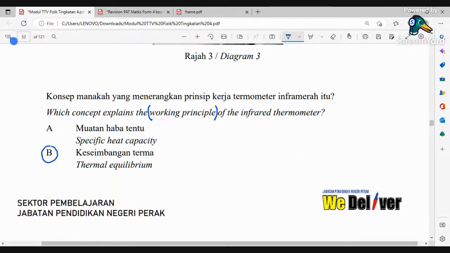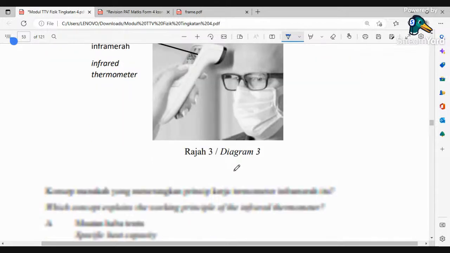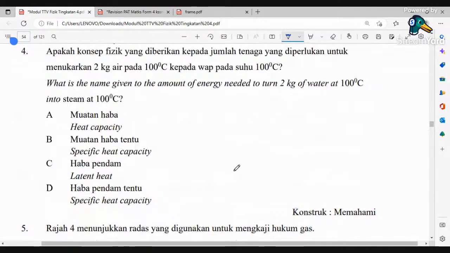So this is the principle of thermal equilibrium. So you put the infrared thermometer close to your forehead. Wait for a while, so the reading will be shown on the screen. Thermal equilibrium is achieved.